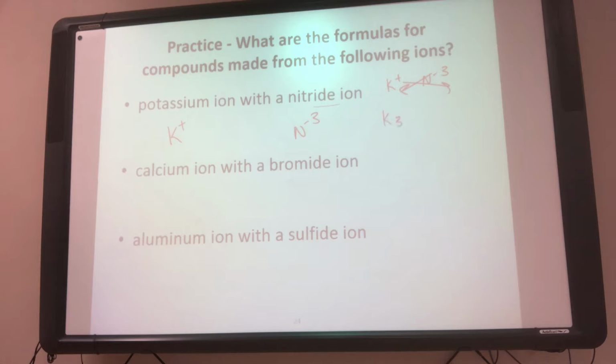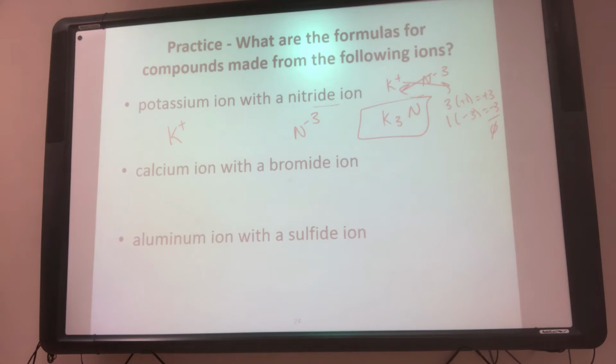So we get K3N. Can I reduce that? Nope. There's a 3 and there's a 1. I can't reduce it. Then I do my check. I've got 3 Ks at a +1, which gives me a +3. I've got 1 nitrogen at a -3. That gives me a -3, so it's neutral. So I'm good. These should go pretty quickly.